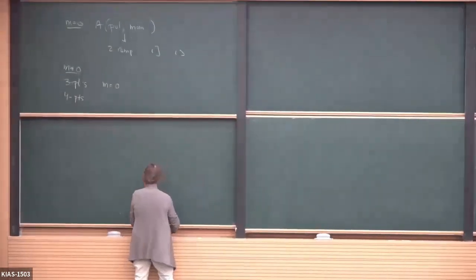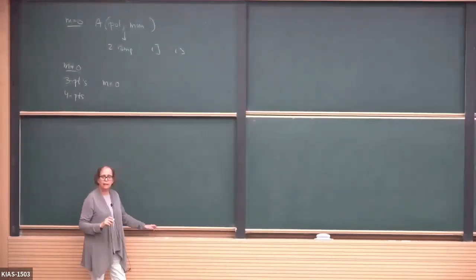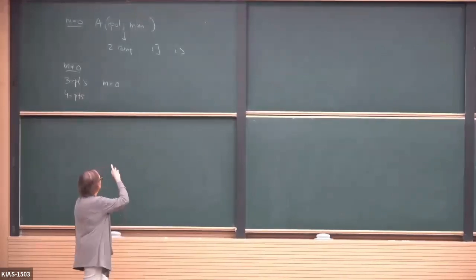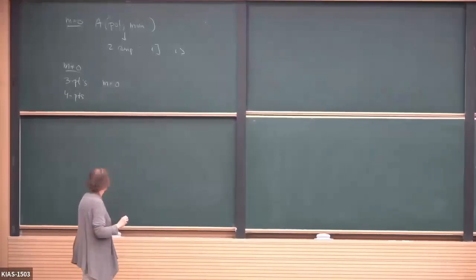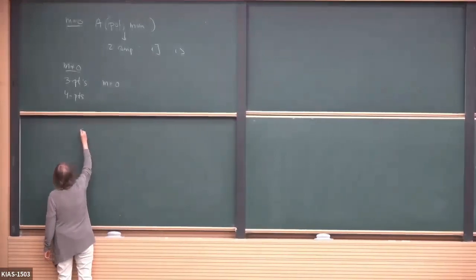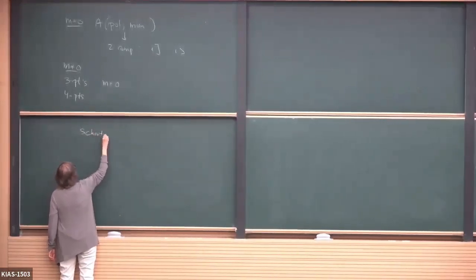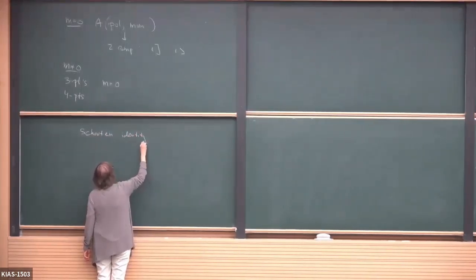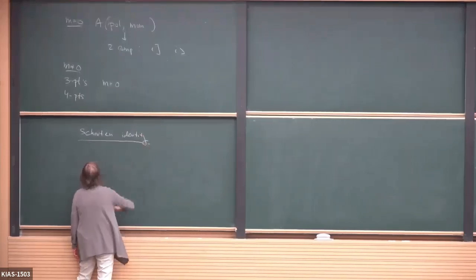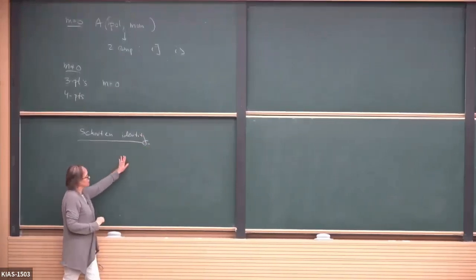But one little thing that I still need to complete regarding the two-component spinors that we discussed is something very useful that's called the Schouten identity. And the statement is very simple.